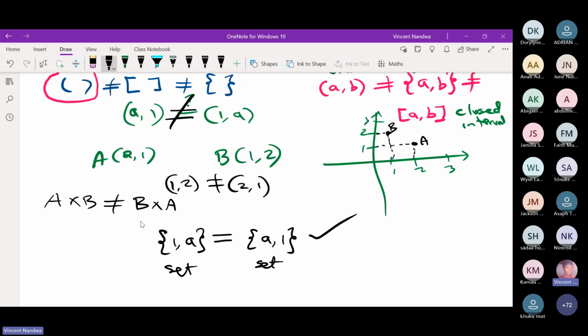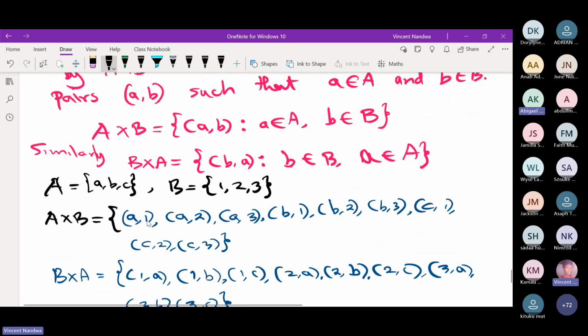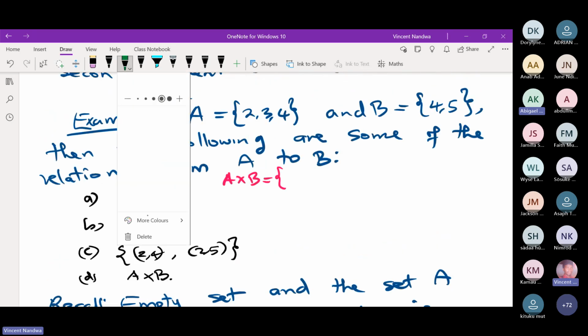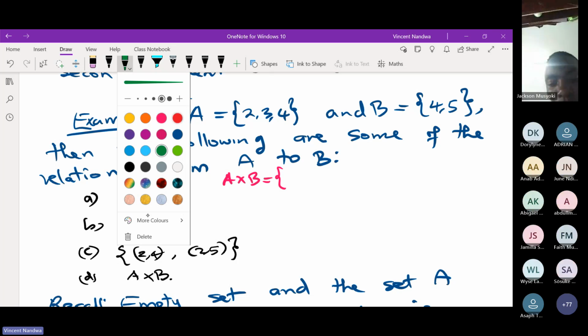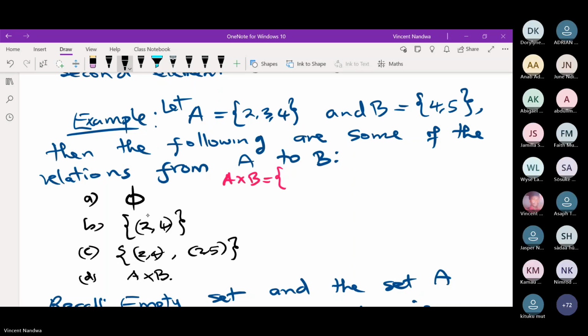So having understood the concept of the Cartesian product, we should now be able to understand what I was asking here. We have this set A. Can we now list the elements of A cross B in this case? What will be my first element? 2, 4. Correct. Followed by? 2, 5.